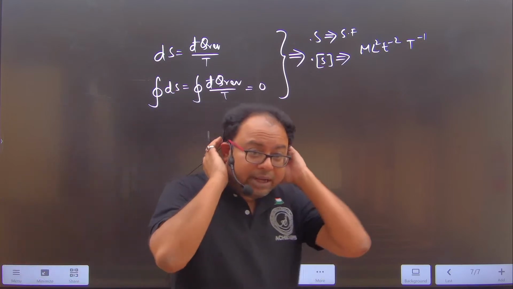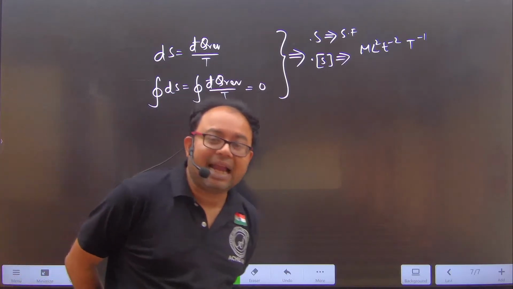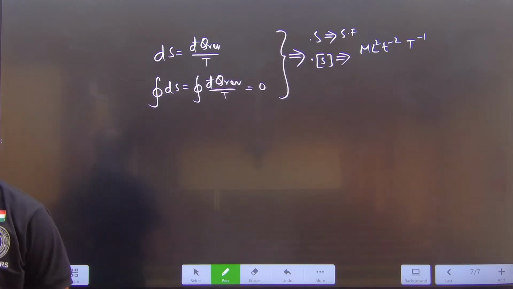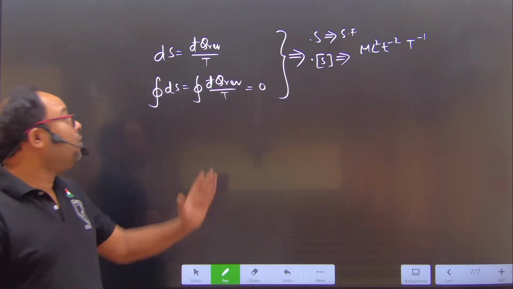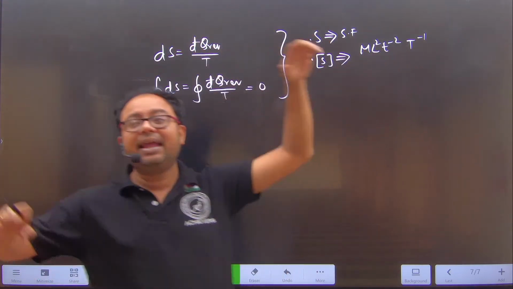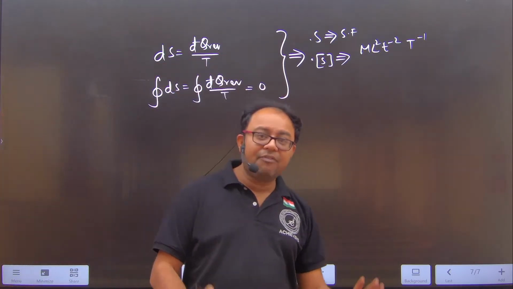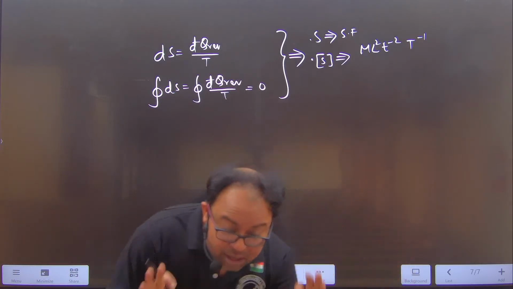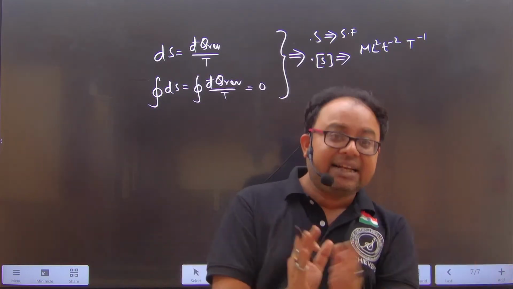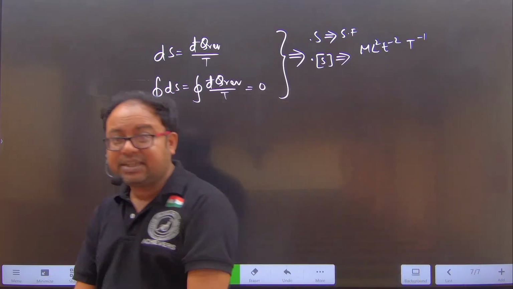But in order to get the actual significance of S, we must know statistical thermodynamics. Right now we are not acquainted with statistical thermodynamics. We just come to know from these facts that S is a state function and it has a dimension of energy per unit Kelvin. But the actual interpretation of S, which is known as entropy, cannot be made from the second law of thermodynamics.